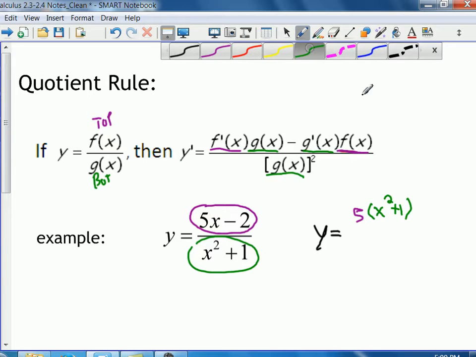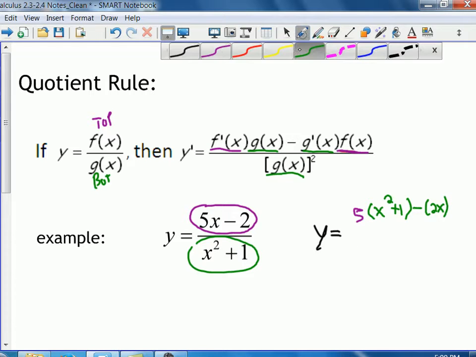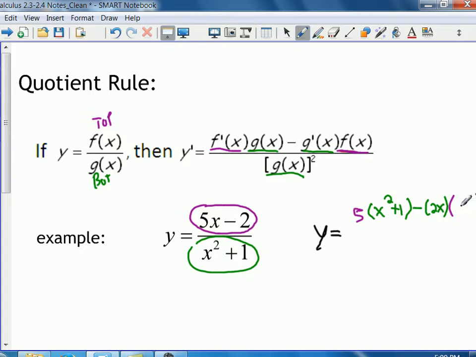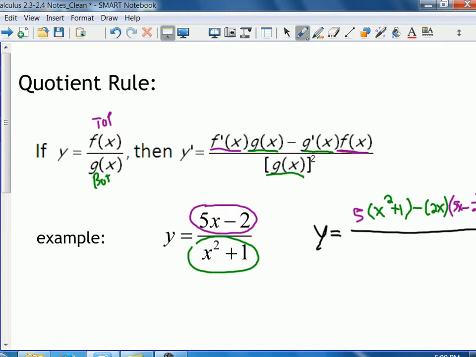Minus the derivative of the bottom, which is actually 2x, because the derivative of the bottom is just 2x. Times the top as is, so that's going to be squishy, but we'll try it. 5x minus 2 all over the bottom squared. So we can just write it out, x squared plus 1 all squared.